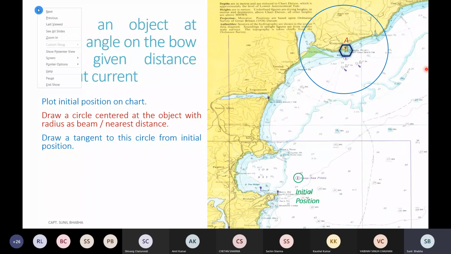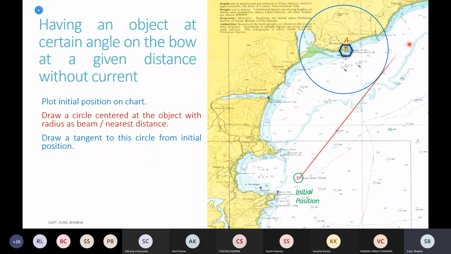Okay, so shall we proceed ahead now? From our initial position, moving further, I am going to draw a tangent to this circle. From the initial position, which is plotted on the chart, I am drawing a tangent onto this circle, whose radius is the beam distance or the nearest distance.